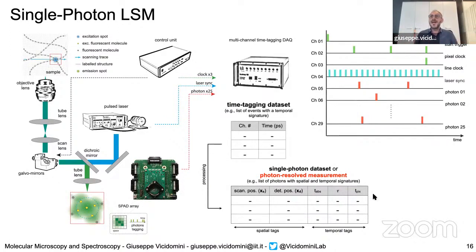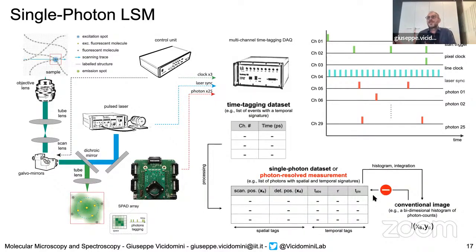Now what I can do is not a conventional imaging anymore, because now I don't have an image, but I have a list of photons. But from a list of photons, I can always reconstruct a normal image. When I have this minimal granularity of information, I can always reconstruct an image as has been done conventionally, which unfortunately loses some information.